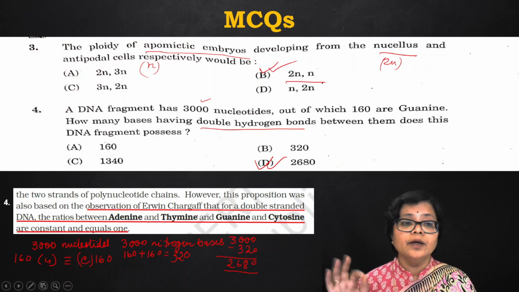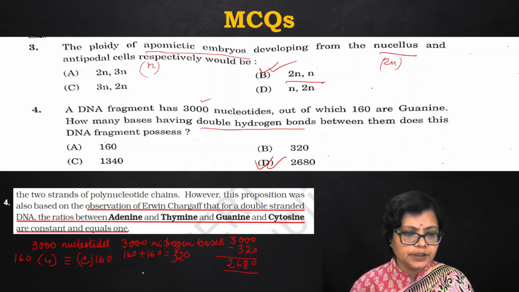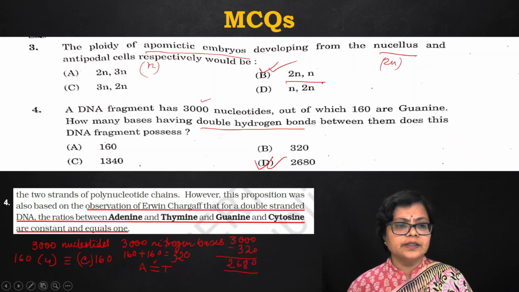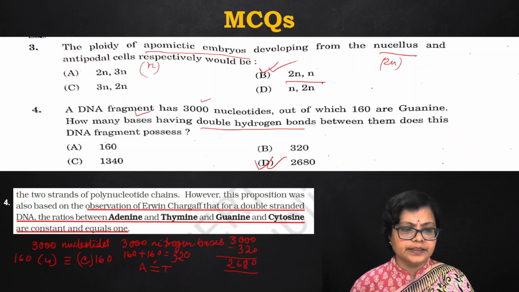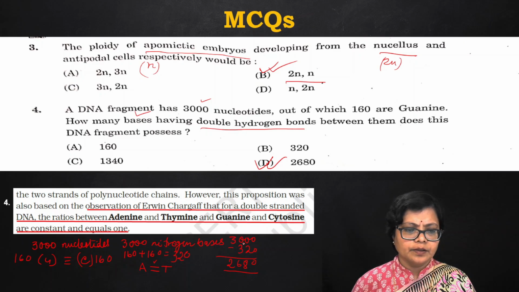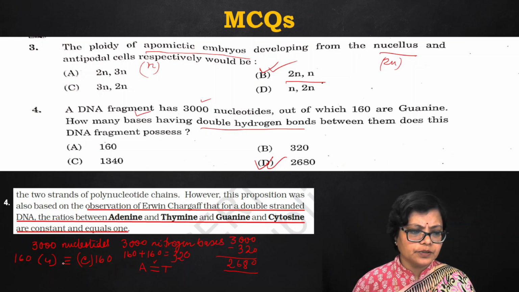No, it cannot be 140, because here you see that is the double bond hydrogen. Double bond hydrogen means between adenine and thymine. For one double bond hydrogen, how many nitrogen bases? 2. So if in the question paper it is written how many bases, that means 300 minus for the guanine cytosine 320, 280.